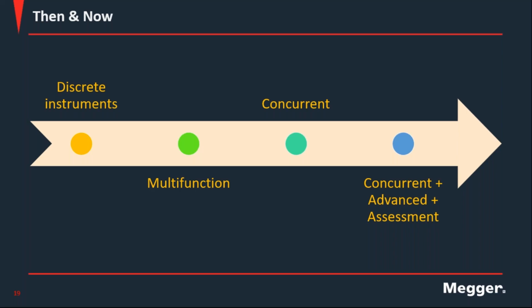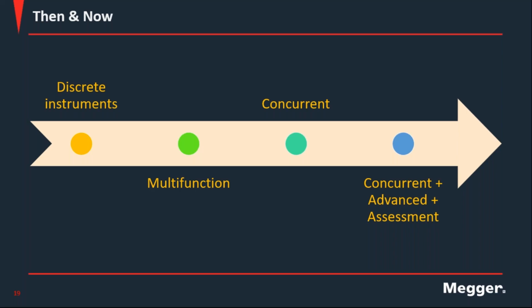So you need to repeat that multifunction run on each tap. And then the concurrent function was added to the test sets. That means that at every test, it will test all the taps at the same time. And of course, this expedites the timing and the efficiency of the test.